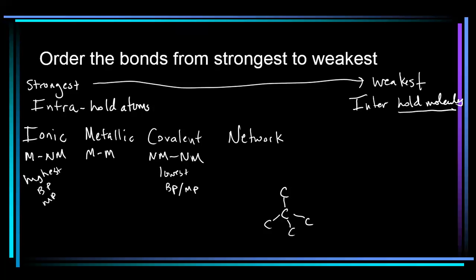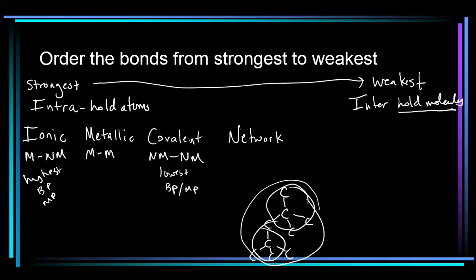Now, that tetrahedron will itself be bonded to another tetrahedron. So in a way, a diamond can be thought of as one giant molecule, or you can think of it as a bunch of little molecules all interconnected.